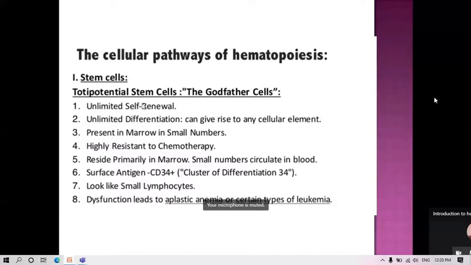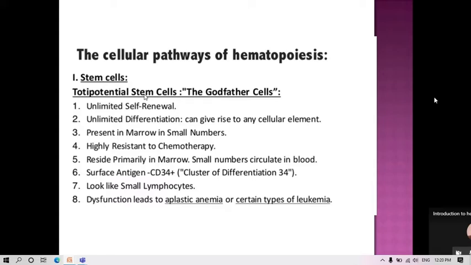If there is a problem in these stem cells, the patient will have aplastic anemia or can have certain types of leukemia. So in cases of aplastic anemia, because these stem cells are not there, there will be severe pancytopenia, because these stem cells are not able to differentiate.